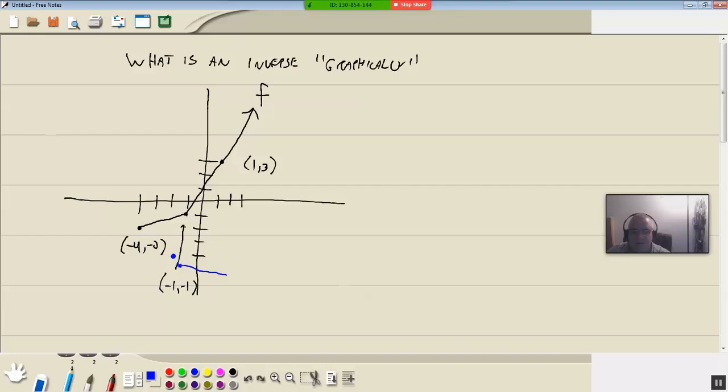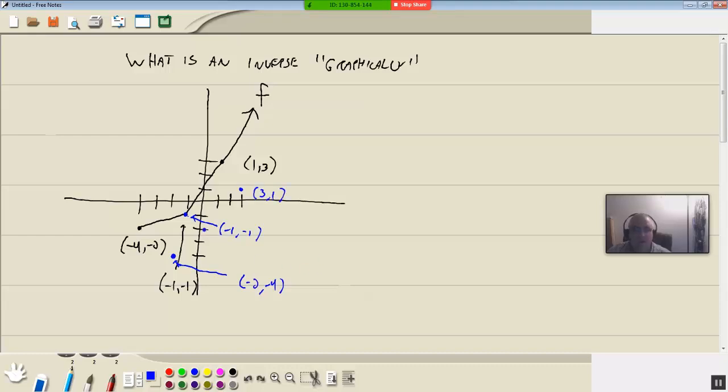And that right there is -2, -4. This point here is -1, -1. So my inverse will be -1, -1. And this point here is 1, 3, so my inverse will be 3, 1.